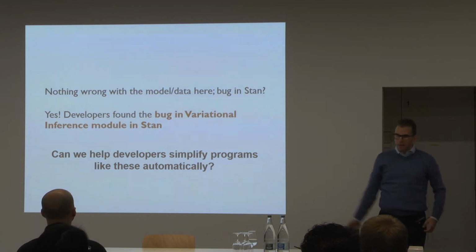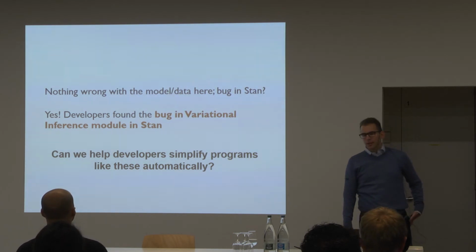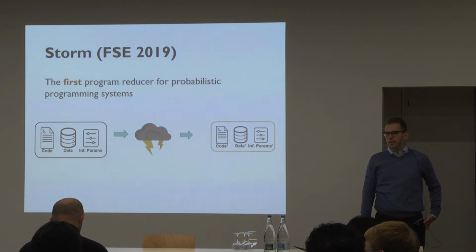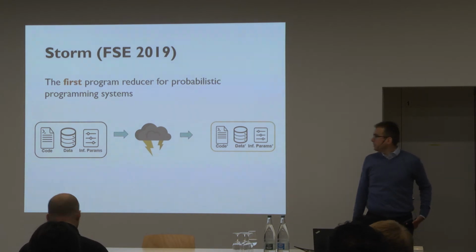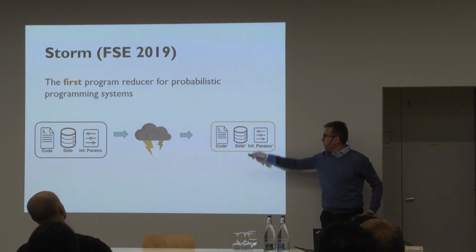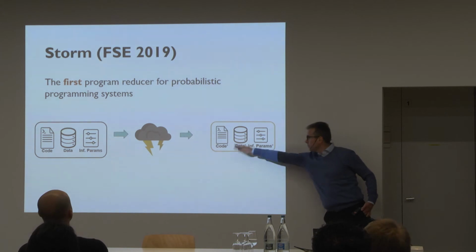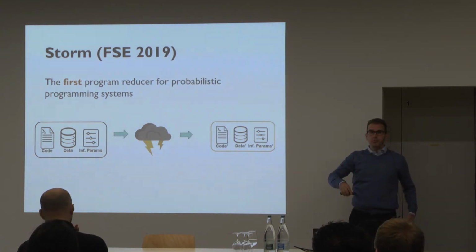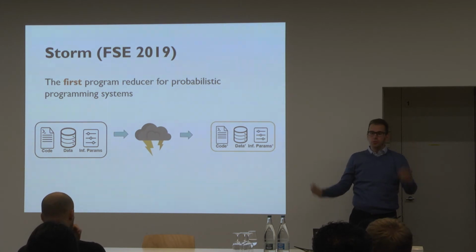So then for probabilistic programs we again apply domain knowledge, and this is the work that we recently presented at FSE this year. We start from code, data, and inference parameters, and we want to get smaller code, smaller data, and smaller inference parameters. This is unlike compilers, which typically just have code and smaller code.